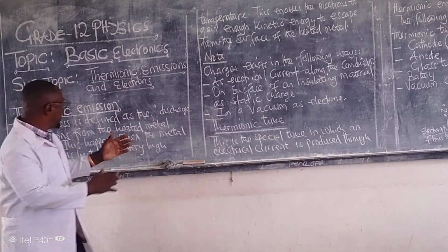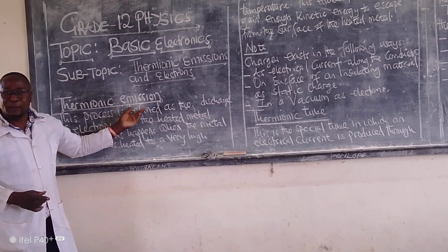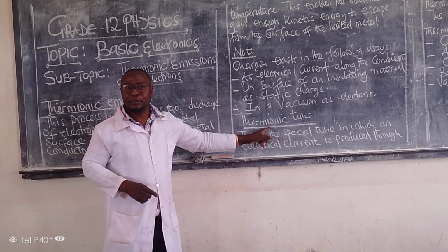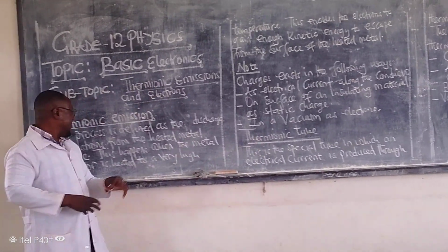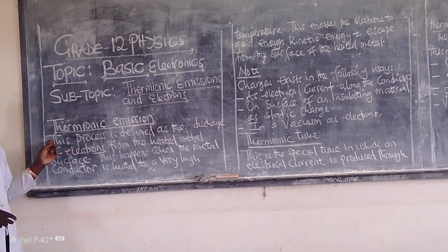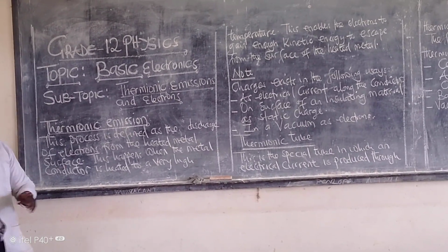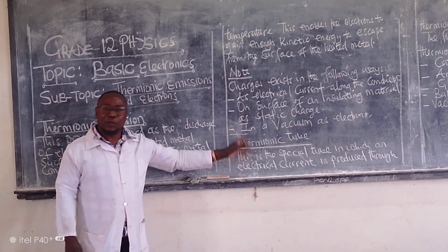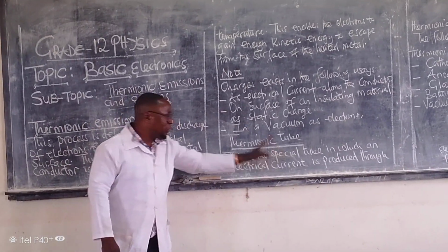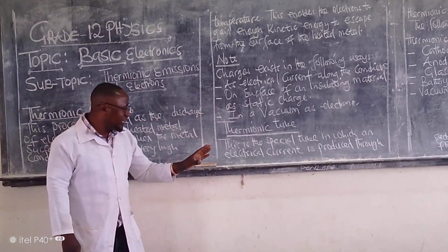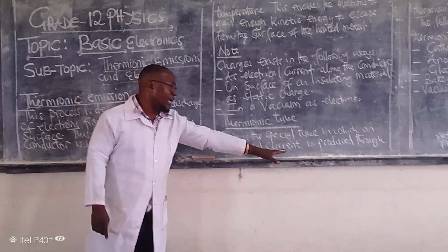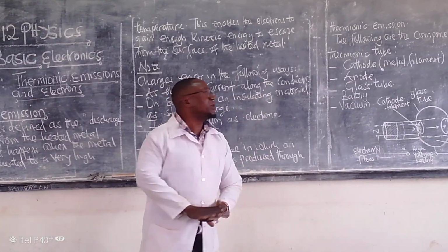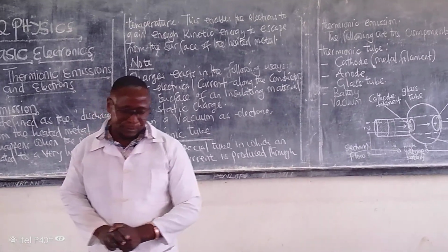We cannot talk about thermionic emission without acknowledging the thermionic tube, because the application of thermionic emission can be appreciated once we understand the thermionic tube. This is a special tube in which an electrical current is produced through the process called thermionic emission.